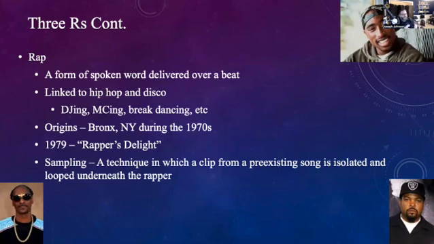And then of course sampling. That's a good term to remember. It's a technique in which a clip from a pre-existing song is isolated and looped underneath the rapper. Lots of rap artists today will sample classical tunes like Mozart, Beethoven. There was one rap song that used an obscure sampling from a Tchaikovsky symphony, the fourth movement of Tchaikovsky's Symphony Number 4.